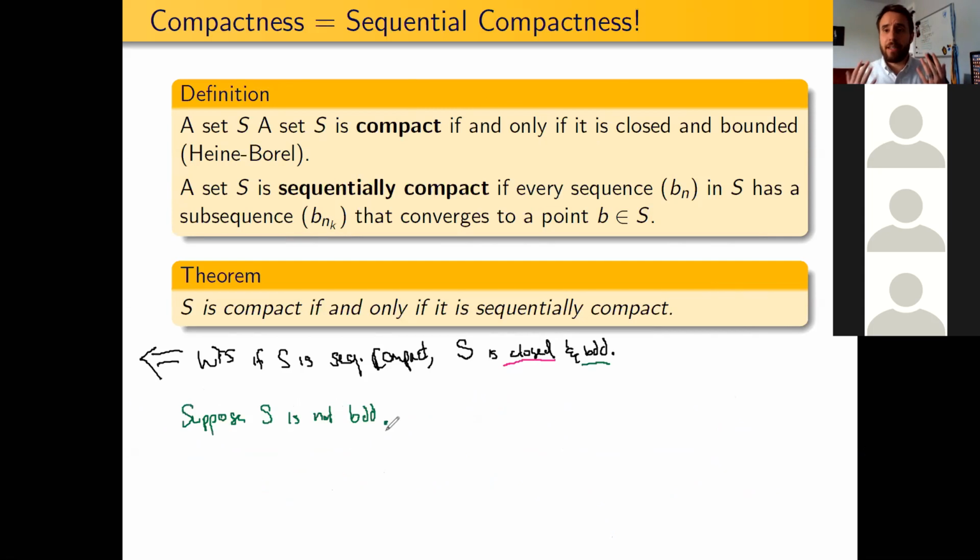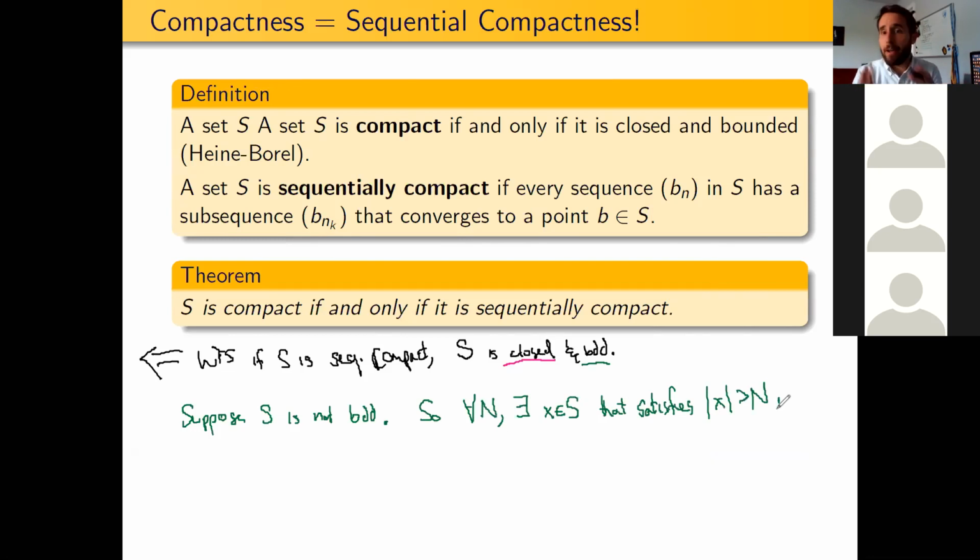Right? Well, what does it mean for a set to not be bounded? It means that I cannot find a number n that is bigger than all of the elements in the set. So for every n, there exists some element of the set, there exists an x in S that satisfies absolute value of x is bigger than n.